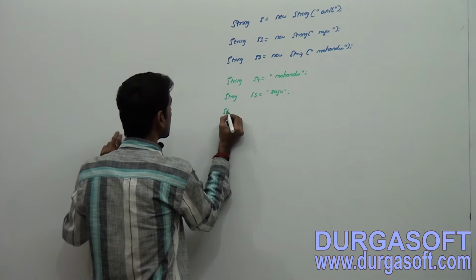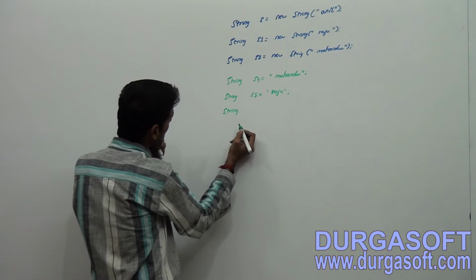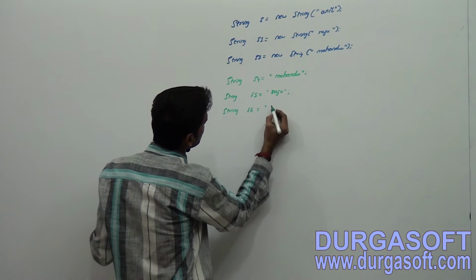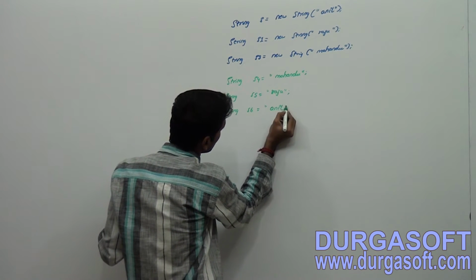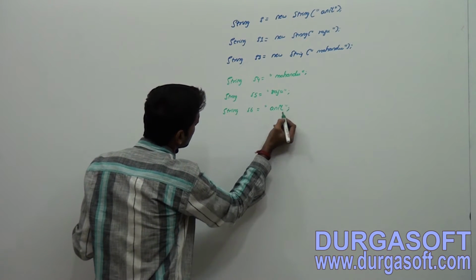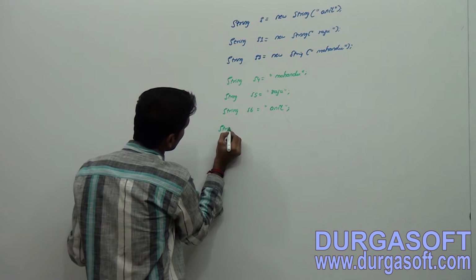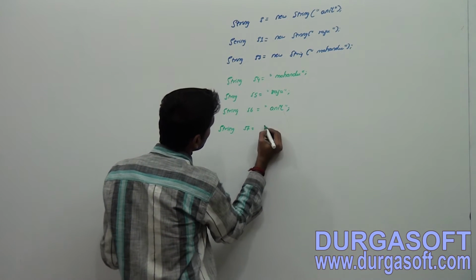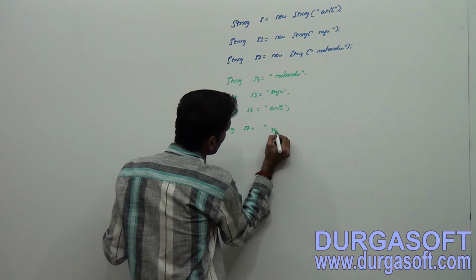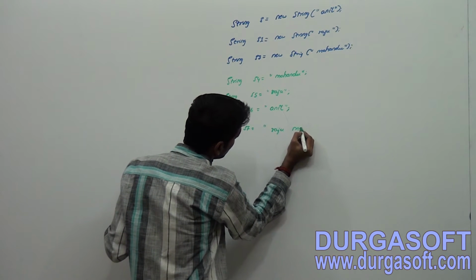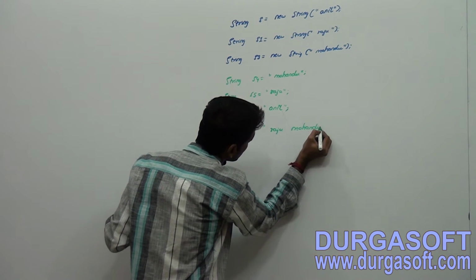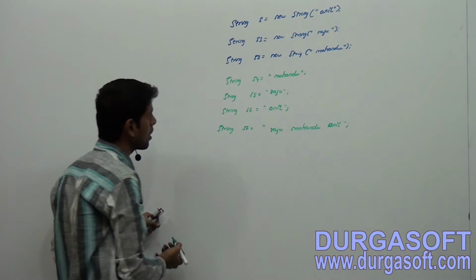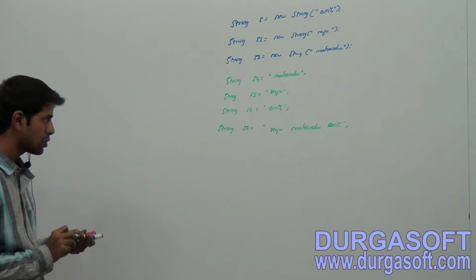Now string s6 equals Anil. And another string s7 equals Raju Mohandu Anil. Getting? Raju Mohandu Anil. Now observe here.